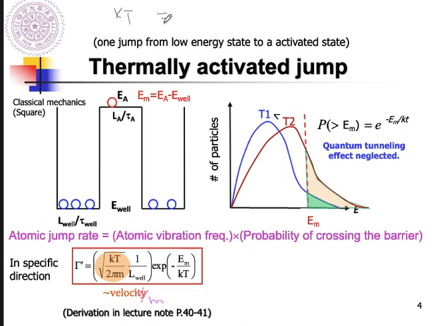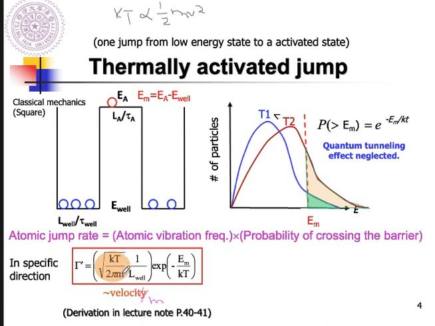And this kT serves as a mechanical energy, so mv squared is proportional to it. So v will be proportional to the square root of kT divided by m.